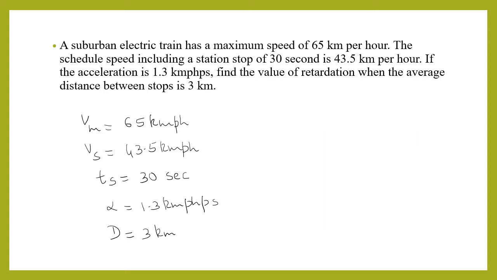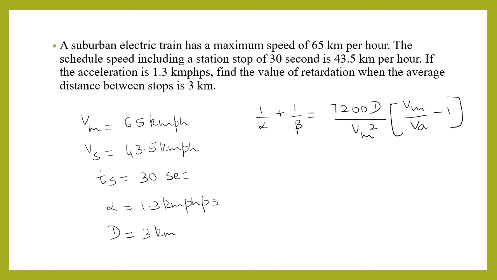So we have the equation of 1 by alpha plus 1 by beta equal to 7200 D by Vm square into Vm by Va minus 1.